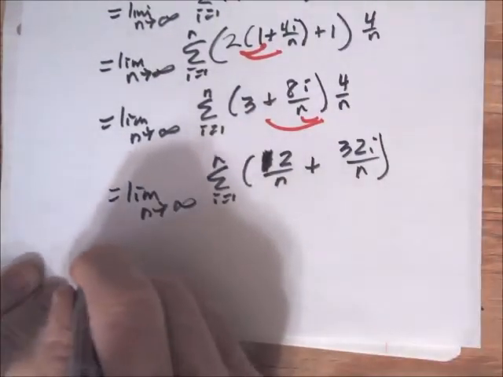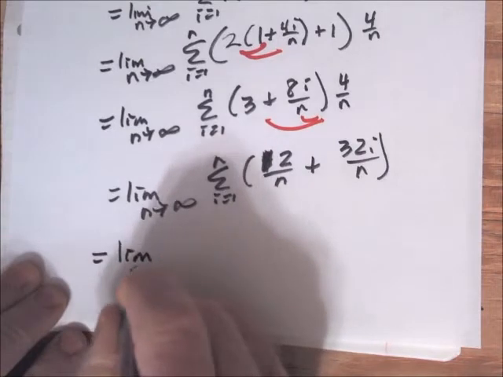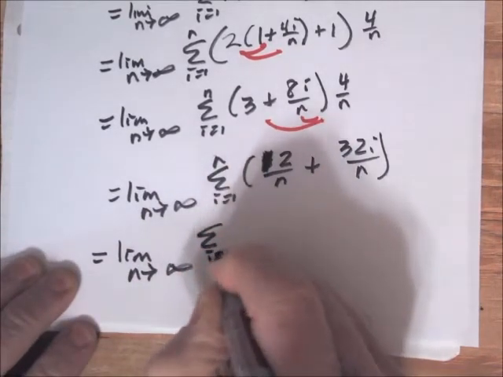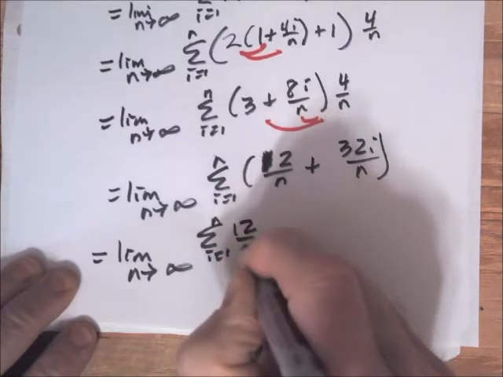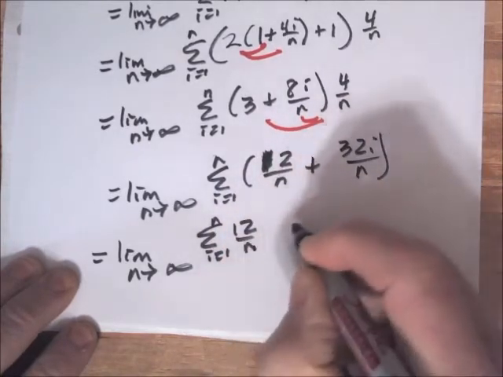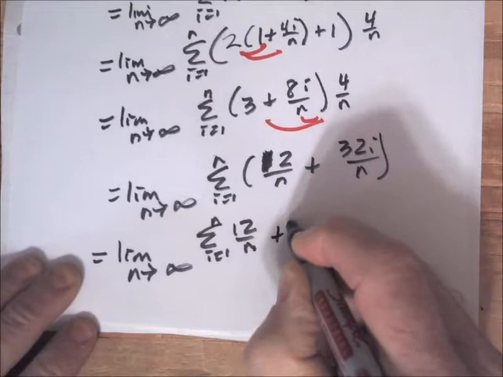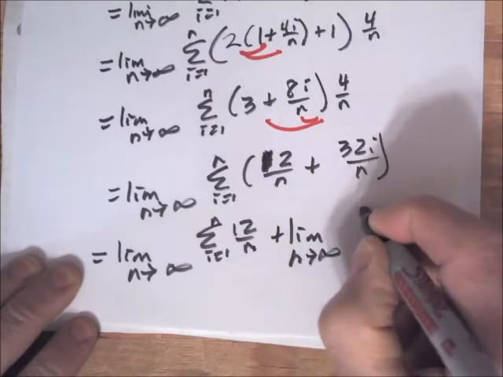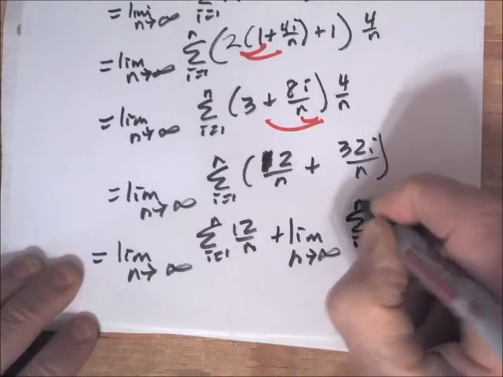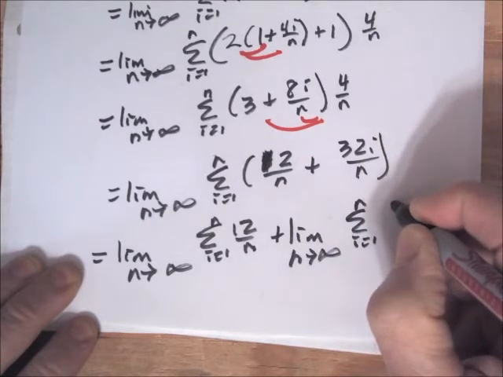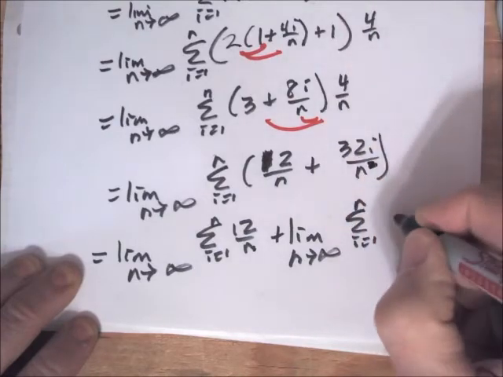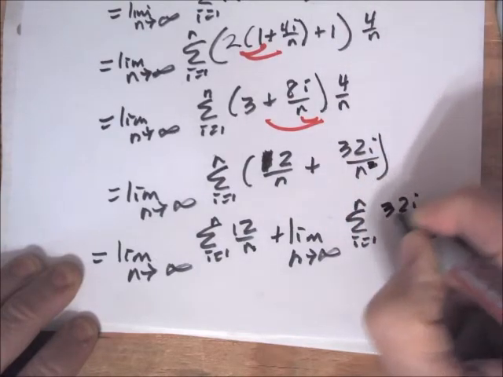This is the limit as n goes to infinity of the summation i equals 1 to n of 12 over n, plus the limit as n goes to infinity of the summation i equals 1 to n of 32i over n squared. We have n times n is n squared.